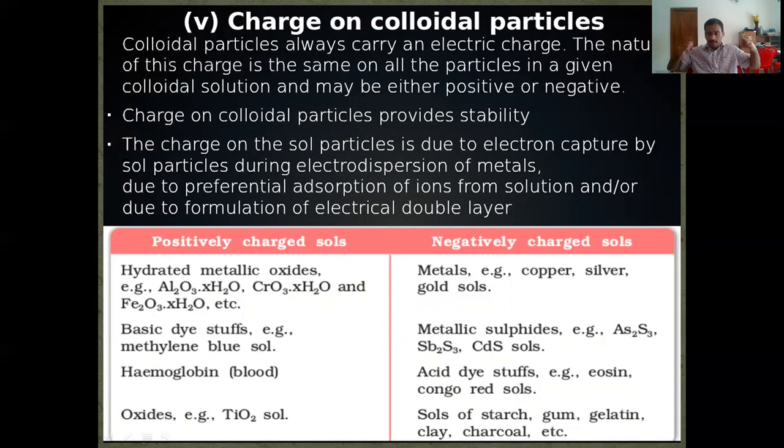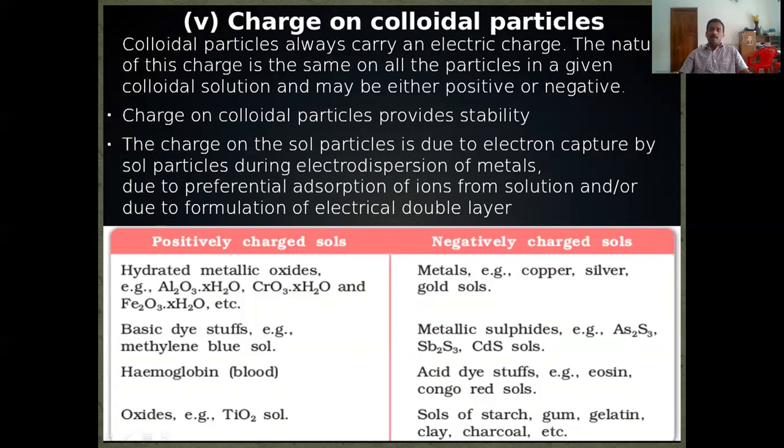Negatively charged particles will repel each other. Therefore, they cannot combine together to form particles of bigger size, that means more than 1000 nanometer. Therefore, it will not settle down. So, charge on colloidal particles provides stability. Brownian movement provides stability, and this charge on colloidal particles also provides stability.